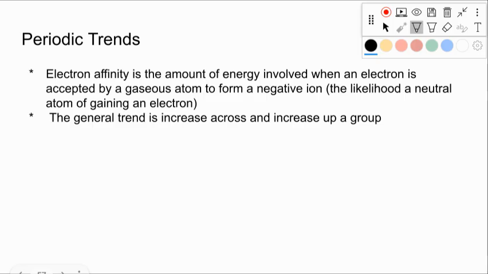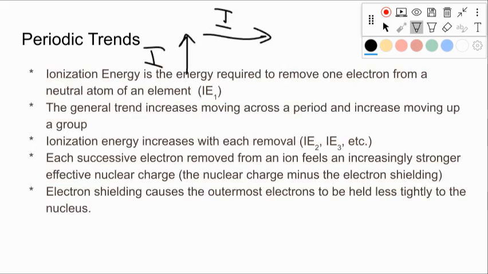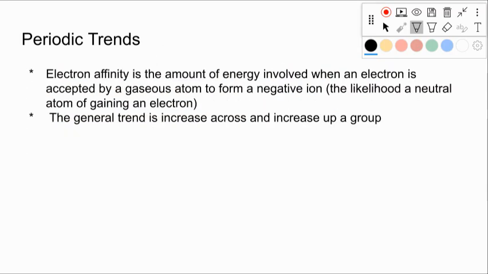The last trend is one you probably haven't talked about. In your high school level chemistry, you should have talked about ionic radius, ionization energy, and atomic radius, but you probably haven't talked about electron affinity.